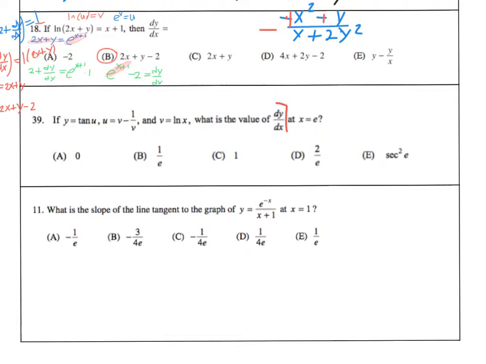We know we need dy/dx. I'm going to take the derivative of y is equal to tangent of u. Let's see what happens. So that tells me that dy/dx is equal to secant squared of u, and then I've got to multiply this by the derivative of u.